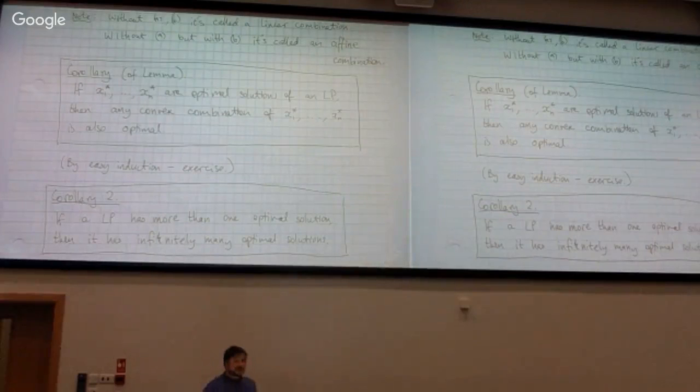Well, that's absolutely obvious because if you have two distinct ones, then any convex combination is also optimal, and there are obviously infinitely many convex combinations because you can pick your alpha to be any number between 0 and 1. So that's probably enough for now. Let's take a 10-minute break now, and then after the break, we'll discuss this and prove the lemma.